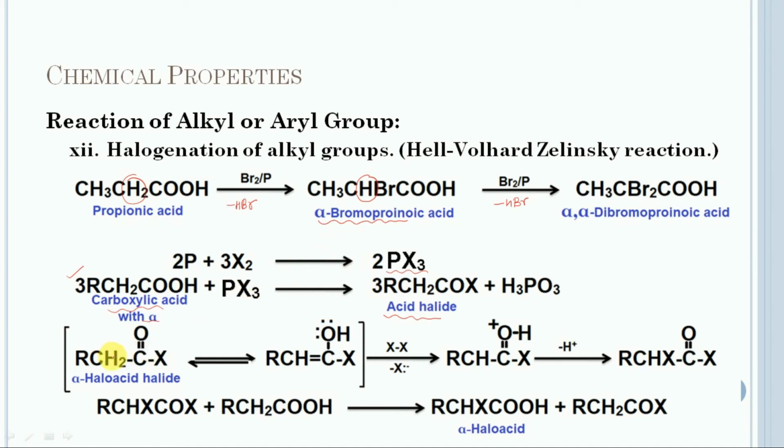This alpha-haloacid halide will undergo keto-enol tautomerism to form this intermediate enol compound.